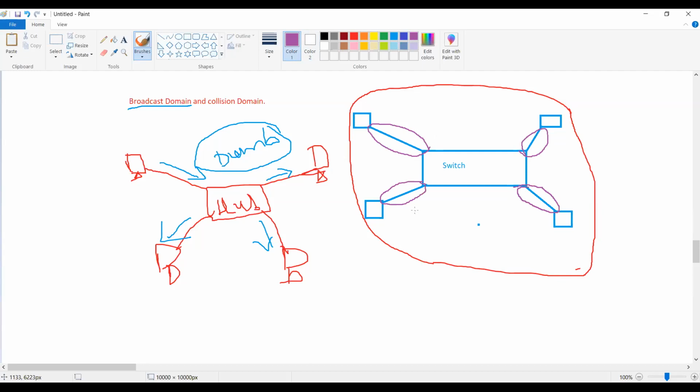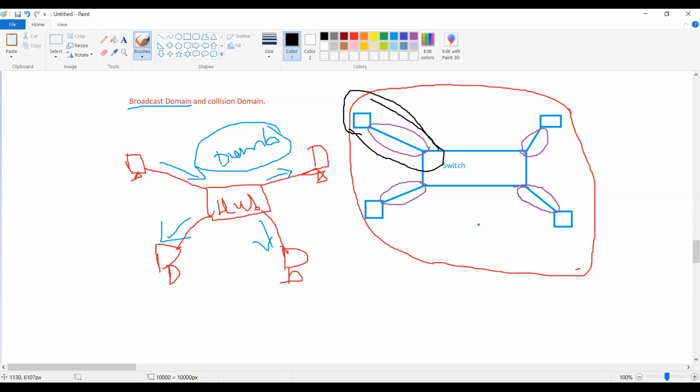Why is the reason behind a switch having only one broadcast domain and multiple collision domains? If you talk about the collision domain, where is it exactly? It is port specific, or interface specific, you can say. At the time any device is trying to send data, if you assume this particular part, these are considered as two devices, right?